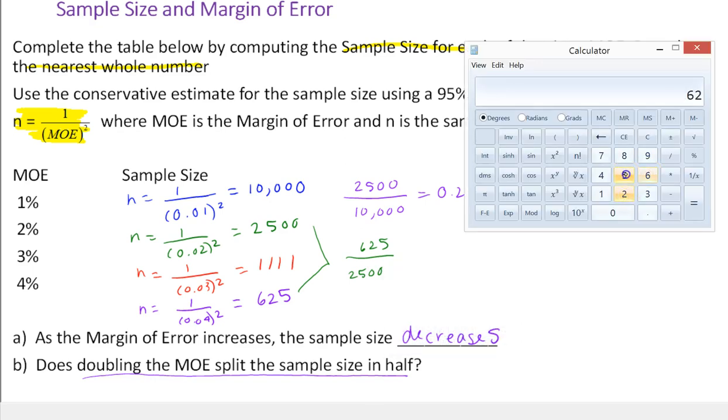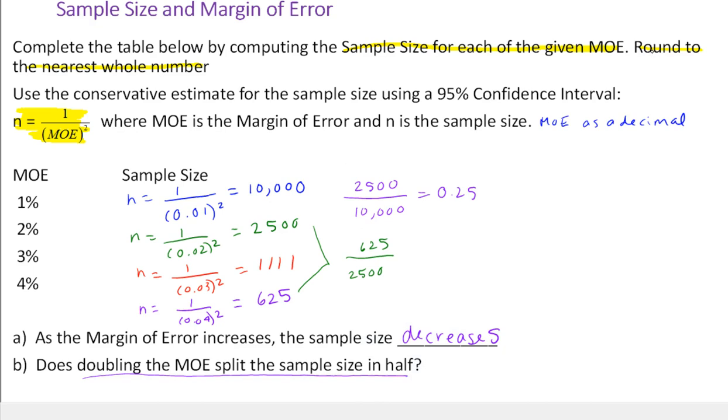So 625 divided by 2,500, and notice we get 0.25 or 1/4 again. So these are both 1/4. Okay, so doubling the margin of error actually decreases the sample size by 1/4.